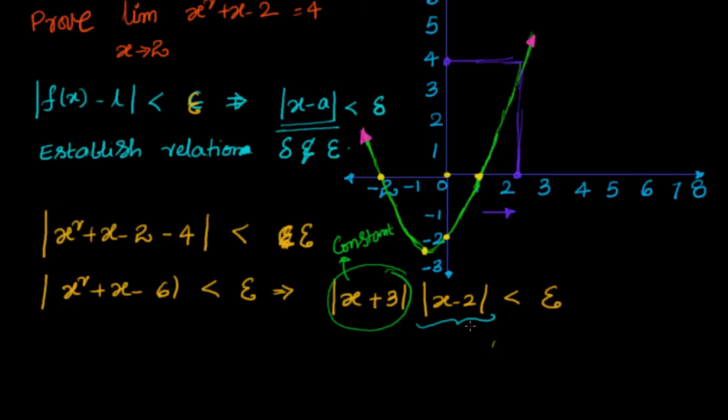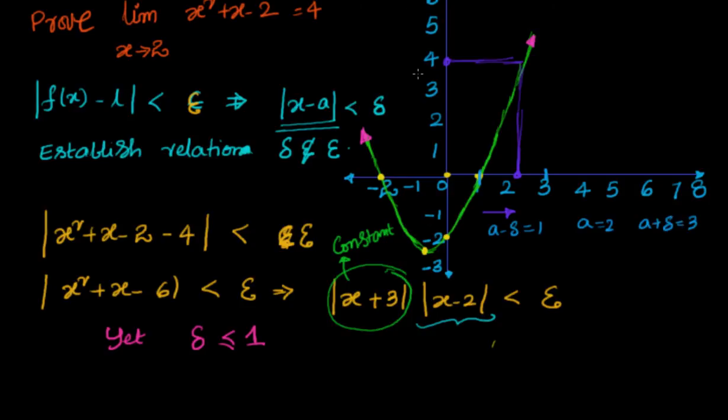To do that, what we will do? We will take a condition and we will say let delta be less than or equal to 1. What is the meaning of that? The meaning of that is that we are limiting the delta to 1. That means a minus delta is 1, a is 2, a plus delta is limited to 3.